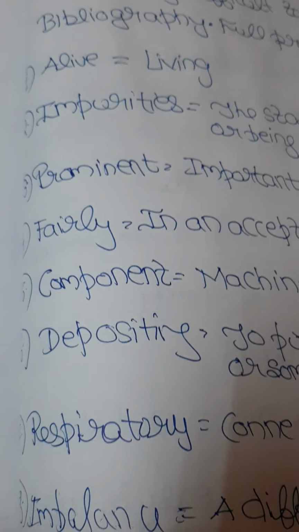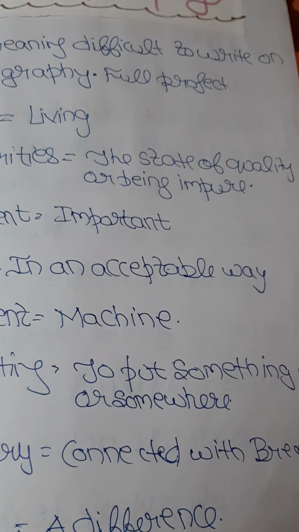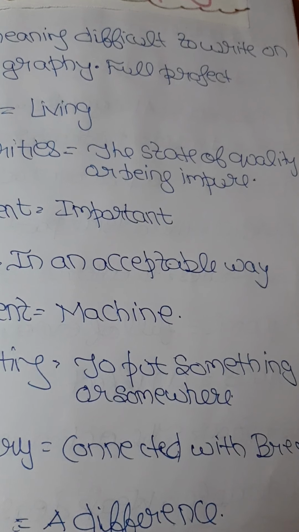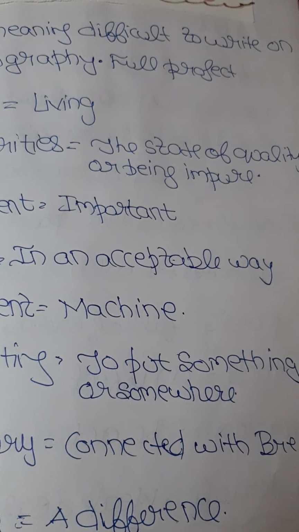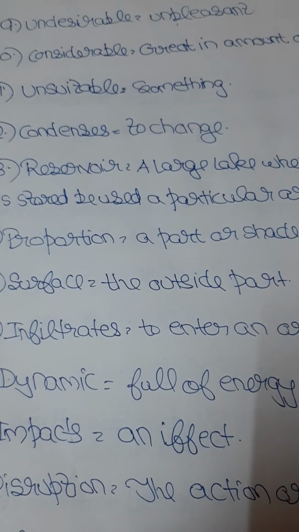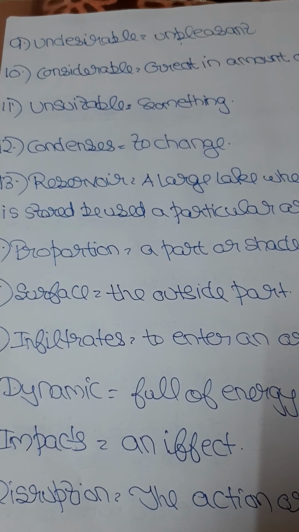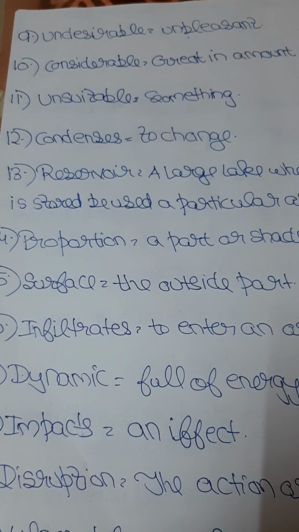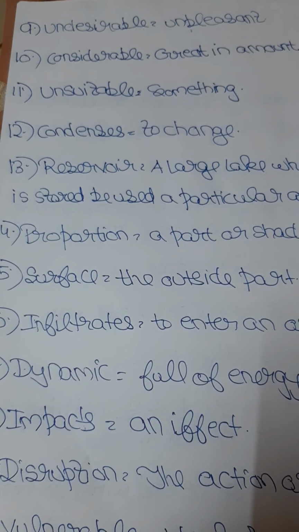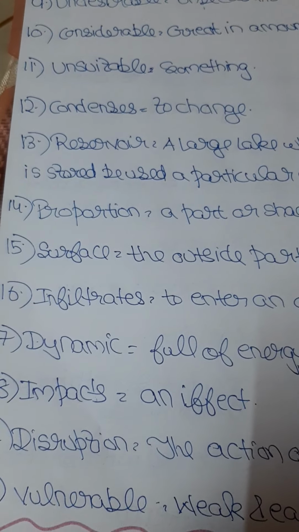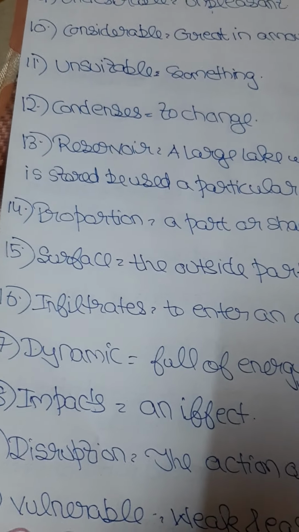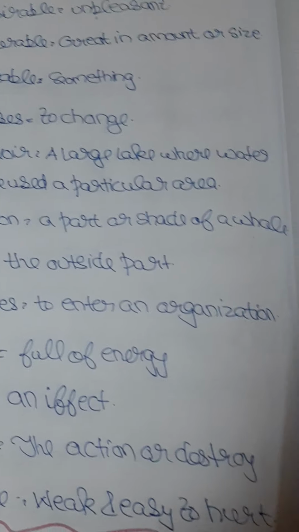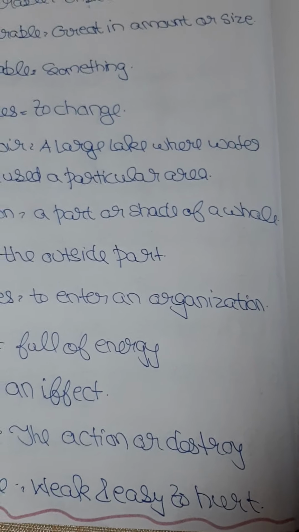These are the more attractive words in the full project. This is the full meaning of these words. On the next page we also have undesirable, considerable, unsuitable, condenses, reservoir, propulsion, surface, infiltrates, dynamic, impacts, disruption, and vulnerable. These are the words and these are the meanings. What does the word mean?